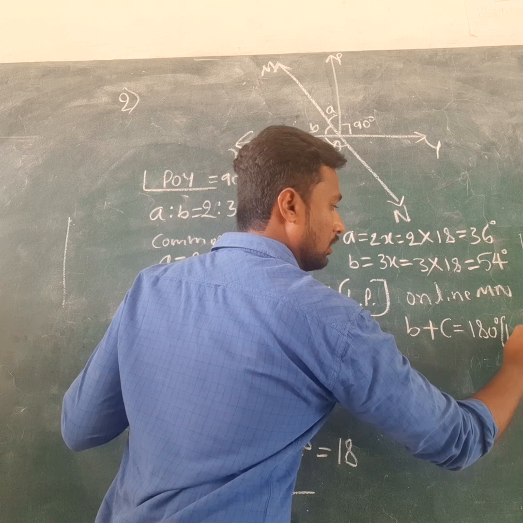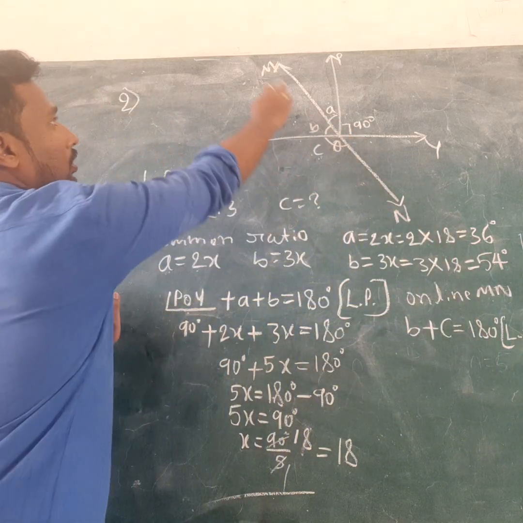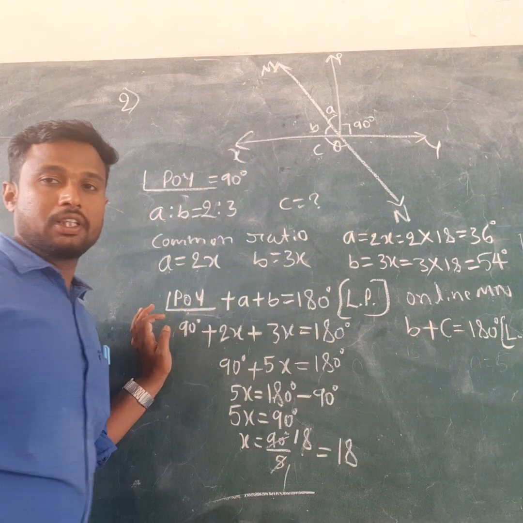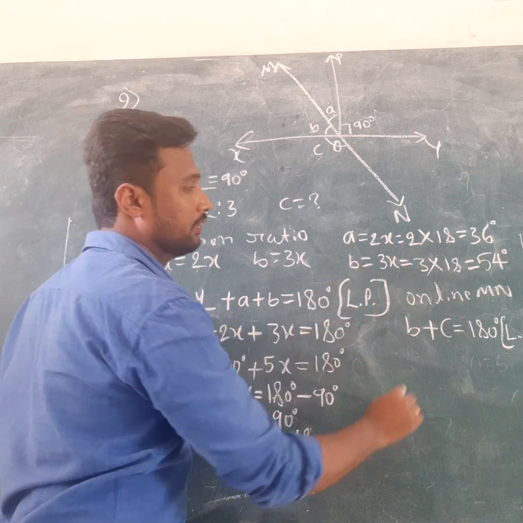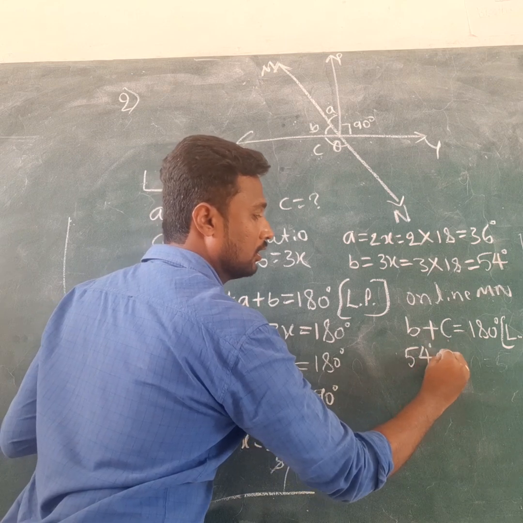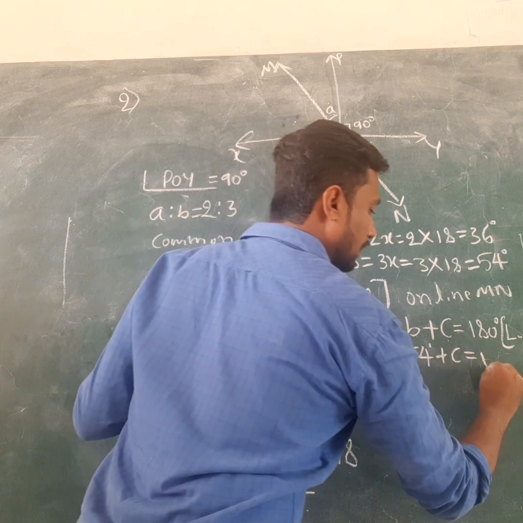Why? Linear pair. Angle B and angle C are on the straight line MN. So B plus C is equal to 180 degrees. And just now we have calculated the B value. What is the B value? 54 degrees plus C is equal to 180 degrees.